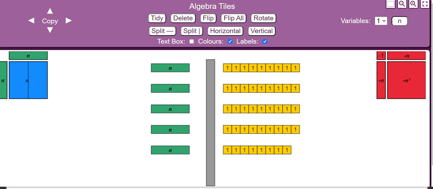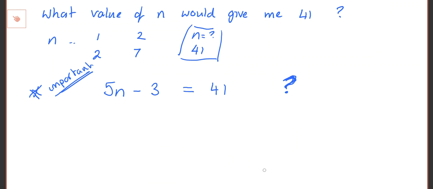Right, so because we take this out, guys, let's just finish these notes. Got your books? No laptops? Right, important. 5n minus 3, does it equal 41? No. Well, okay, if we add the 3, 5n should equal 44. If we divide by 5, n equals, well, can you do that on your calculator for me? 8.8, is it?